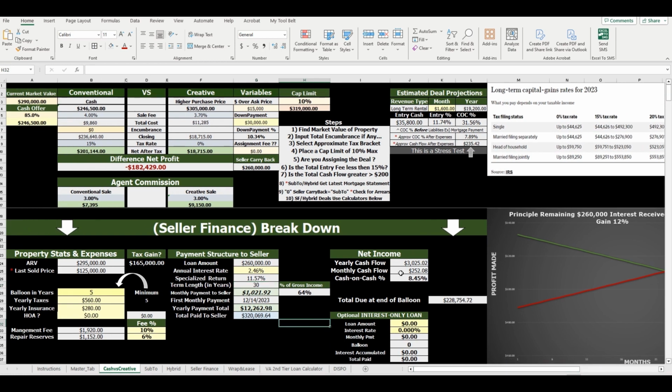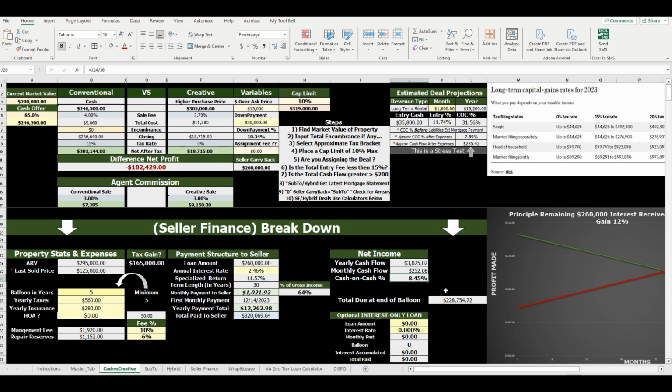Now, I want you to take a quick look here at the monthly cash flow. Remember my stress test? Remember how I told you that the stress test looks at the approximate cash flow after the expenses, and we said anything over $200 on that stress test lets us know that we have a deal that's worth underwriting. Well, guess what? Our cash flow is going to be $252.